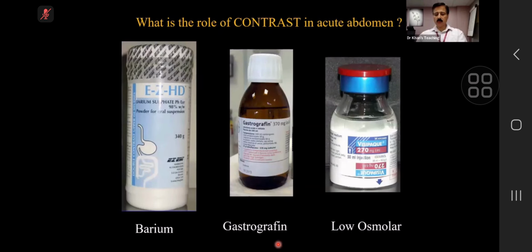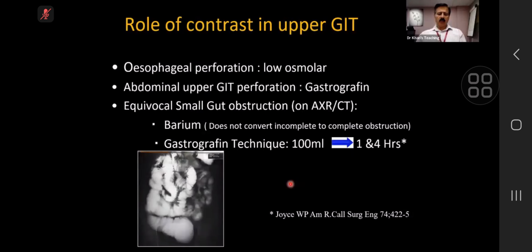So, take-home points: for esophageal perforation, use low osmolar contrast agent. If you use barium, what happens is barium goes out. For example, if the barium goes into the mediastinum, later on it will sit there. It might cause fibrosis.